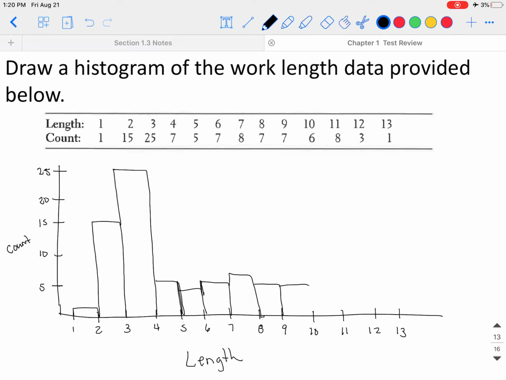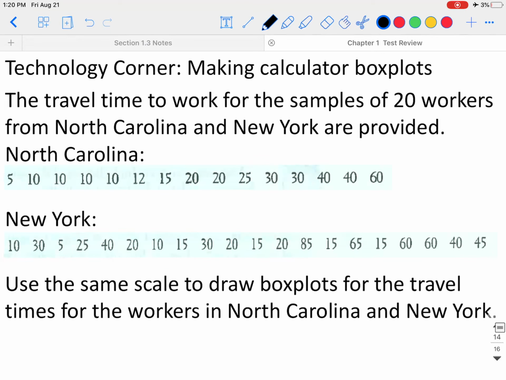Then we have 8, back to 7, 7, 6, 8, 3, and then back to 1.